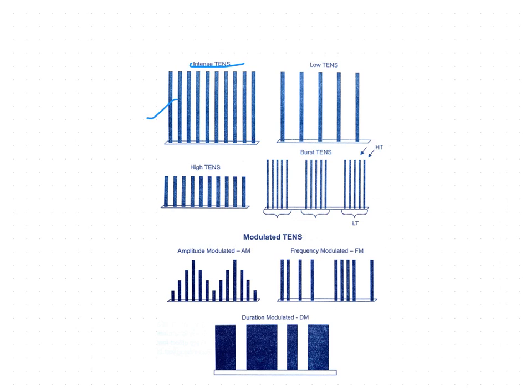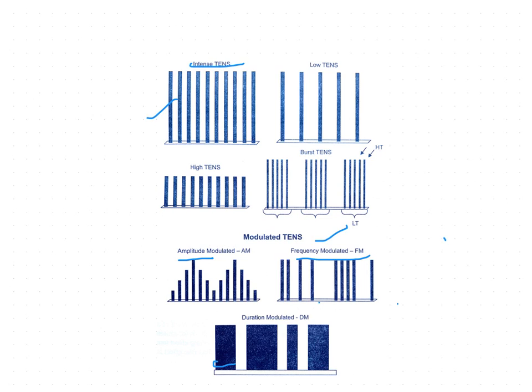Another type of TENS is the modulated TENS. Here the amplitude of the waves is modified, which is called amplitude modulated. If you are modulating the frequency of waves, then it is frequency modulated, and if you modify the duration of each pulse, then it is called the duration modulated type.